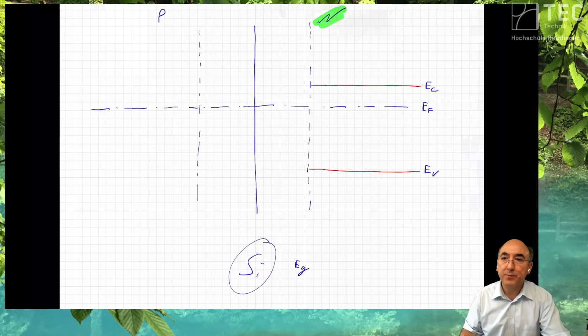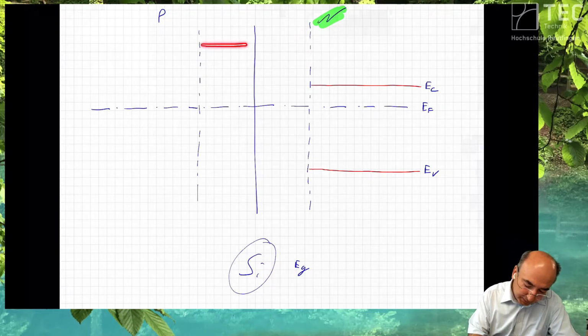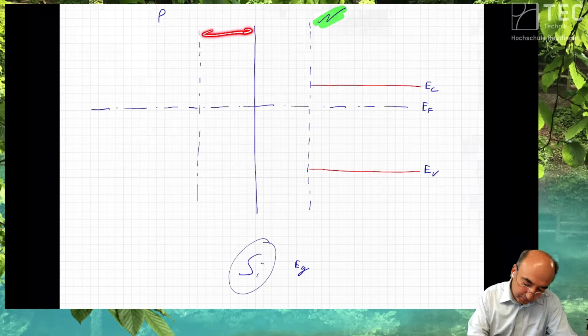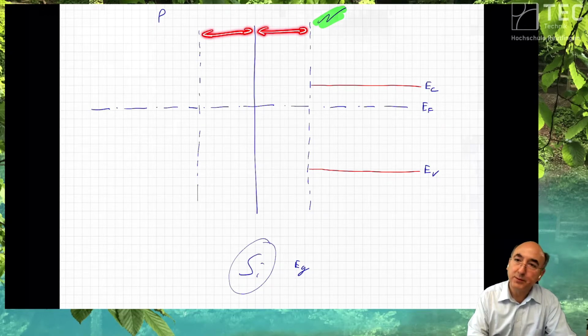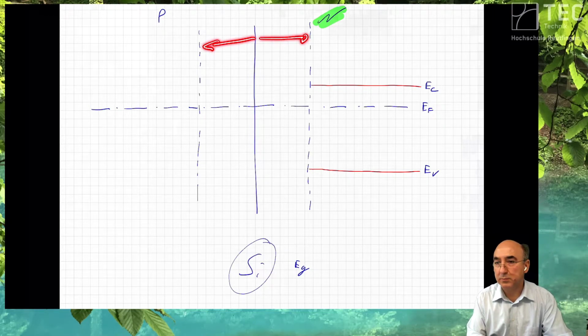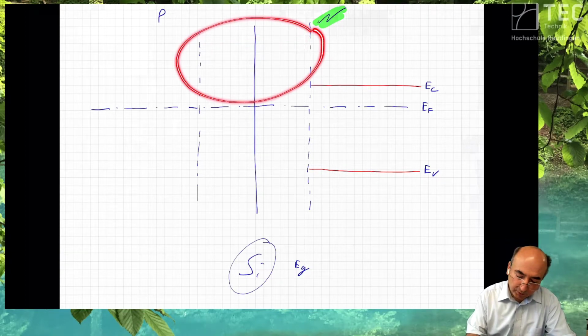We do the same procedure for the p-type. I have placed in the sketch the space charge region, the depletion region, symmetrically to the interface. That means the doping level is also equal. If the doping level is equal, the space charge penetration is equal. Why? Because overall we need to be neutral.